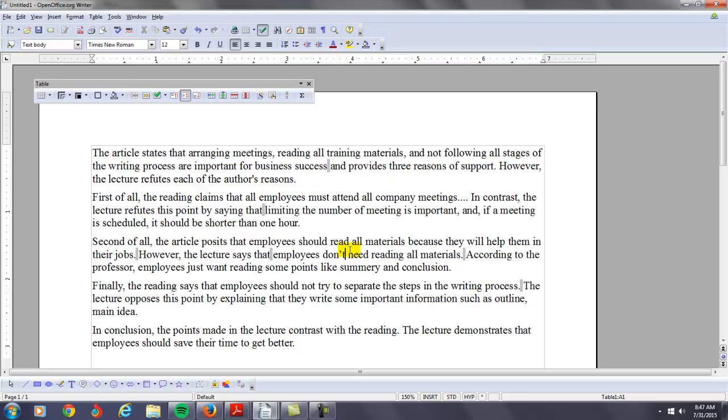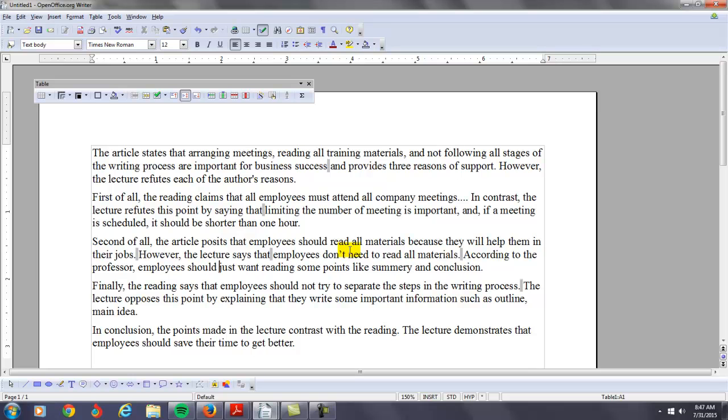However, the lecture says employees don't need, I'm going to say here to read because you're talking more about a potential action, not a completed action. So the lecture says that employees don't need to read all materials. According to the professor, employees just want read some points like summary and conclusion.